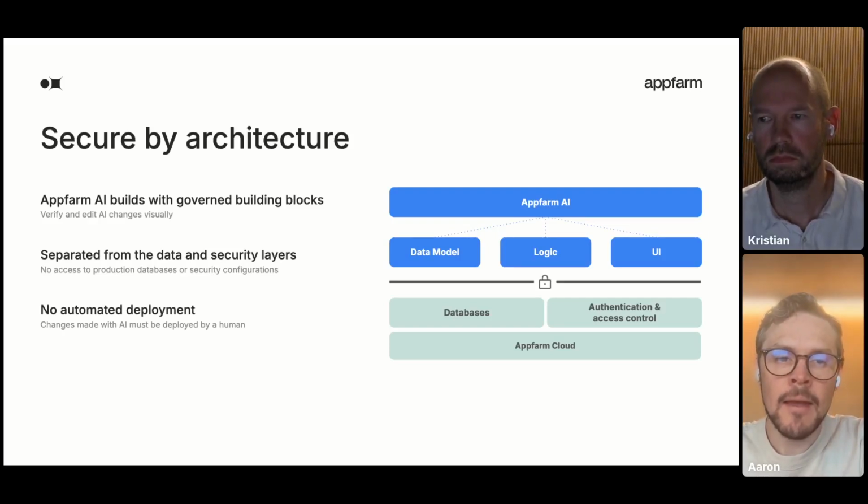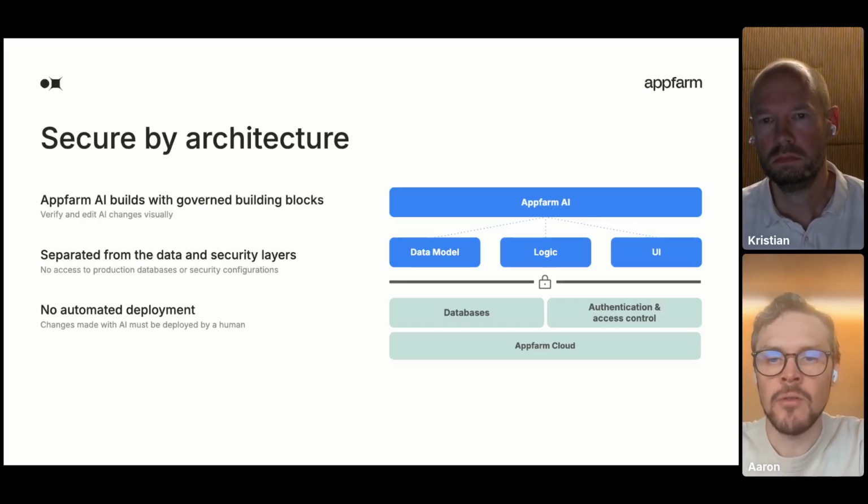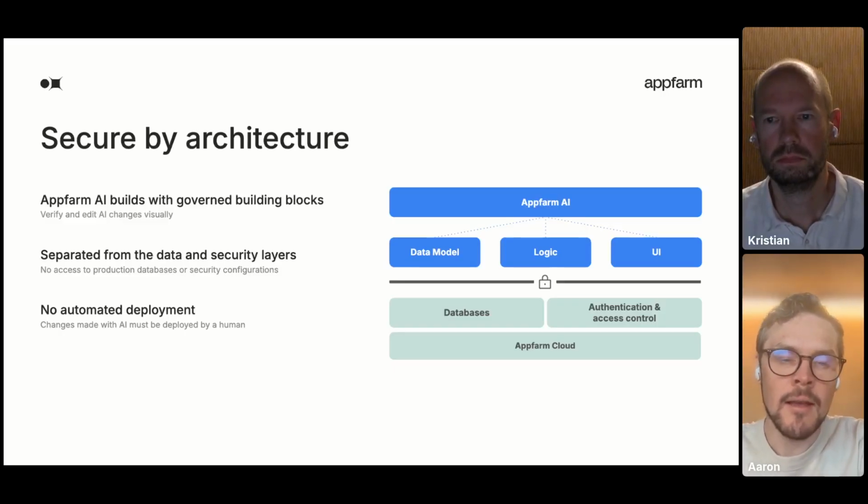At the same time, Appfarm AI doesn't have access to your production databases or your security configurations. So it can't touch your production data, that never gets sent to an LLM. It can't change who suddenly has access or which roles have permissions to do certain things in certain object classes.